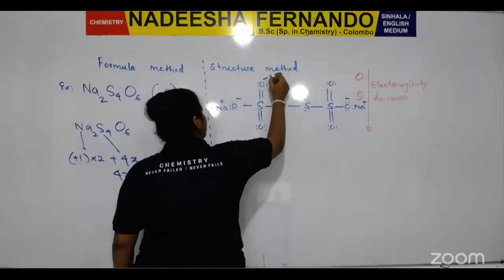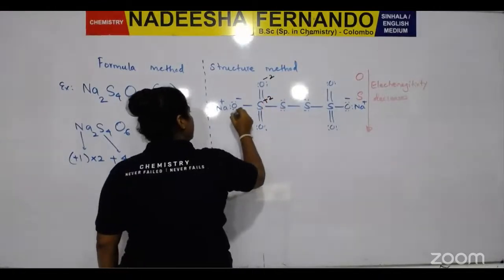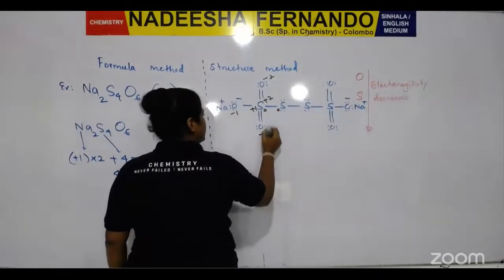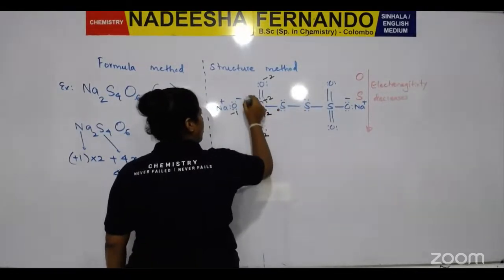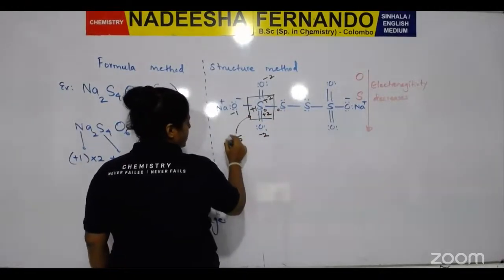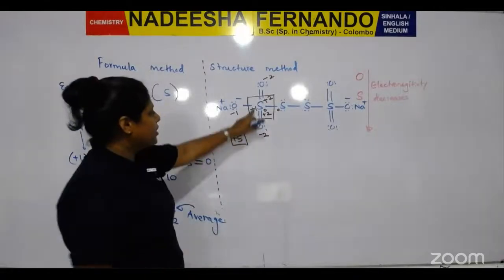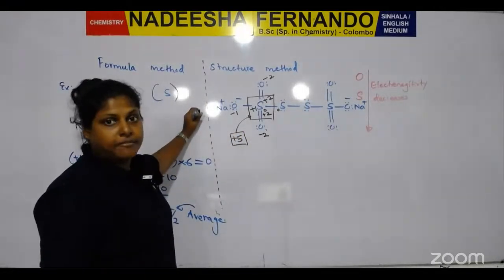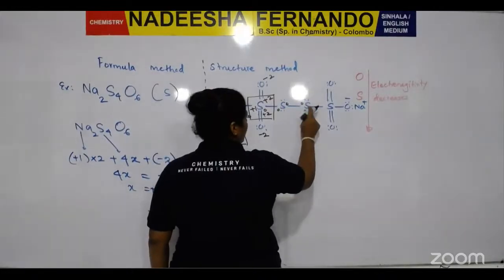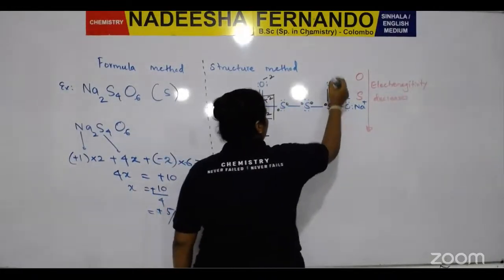Minus 2 plus 2, minus 1 plus 1. Same atoms, therefore 0, 0, minus 2 plus 2. Overall charge is plus 1. So the oxidation state on this sulfur is plus 5, plus 5. Here same atoms, therefore 0, 0.